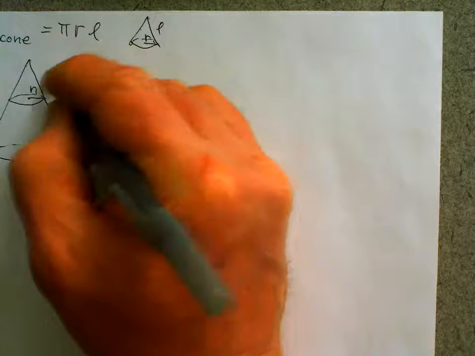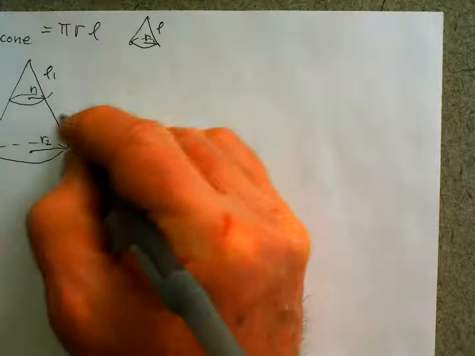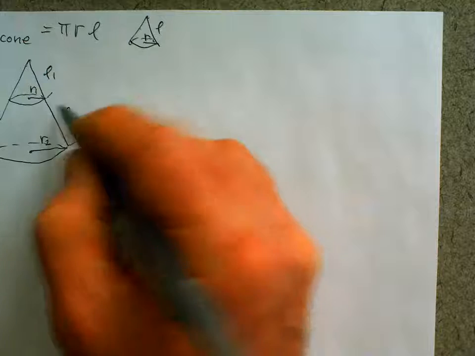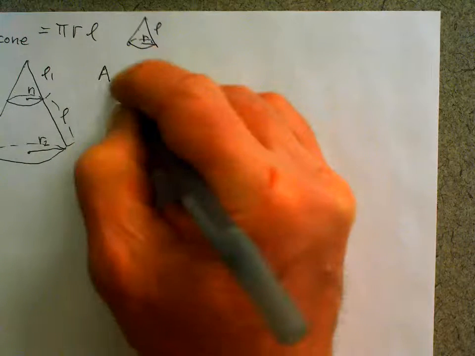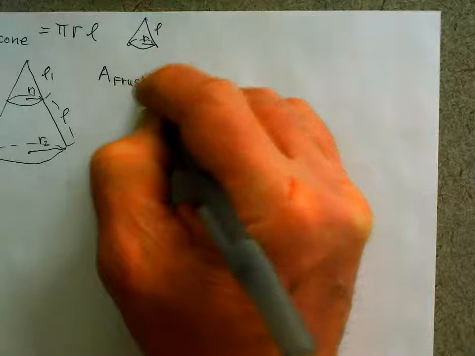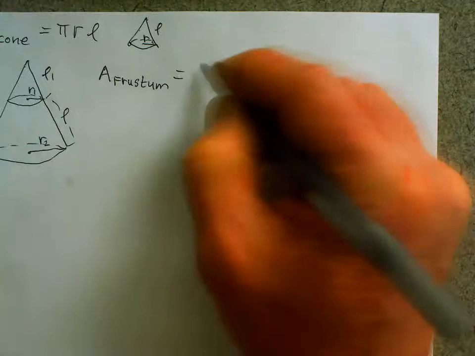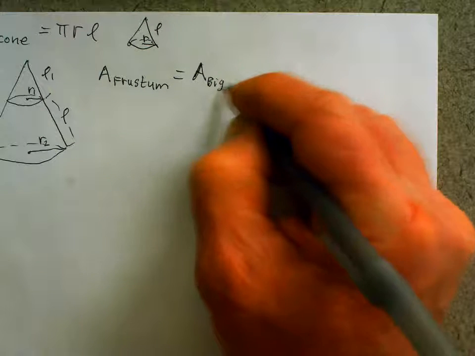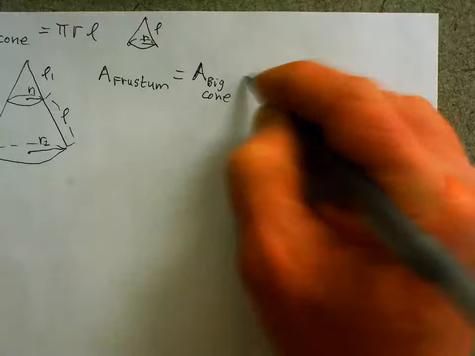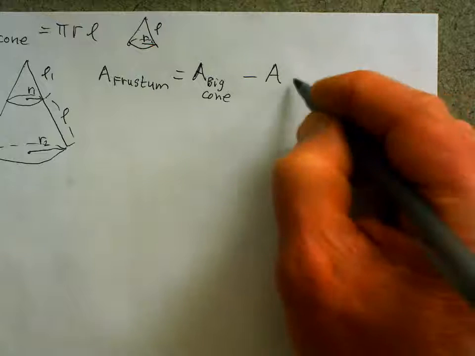So here's another one of those. Okay, and the area of the frustum is equal to the lateral surface area of the big cone minus the lateral surface area of the small cone.